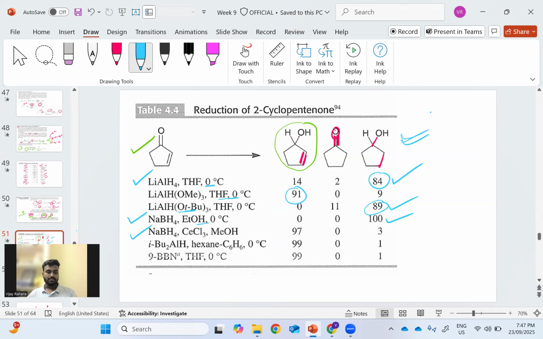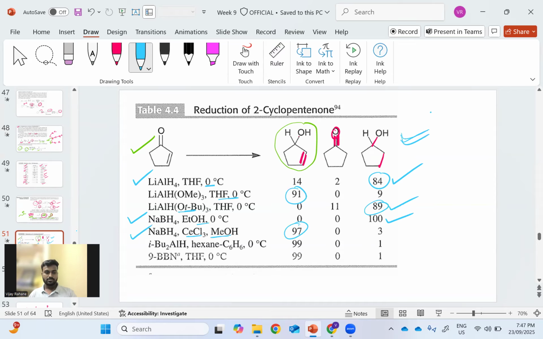But the moment we add CeCl3 as a salt in the reaction, in methanol solvent, we get exclusive formation of only carbonyl reduction, keeping the double bond intact in the product.